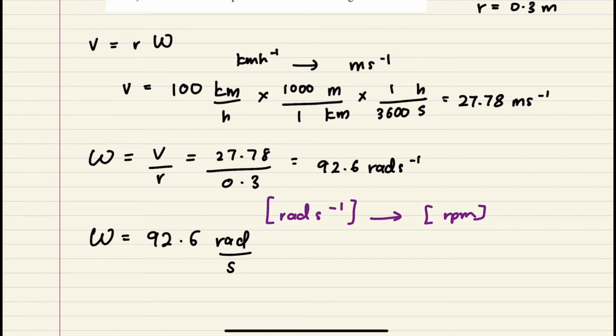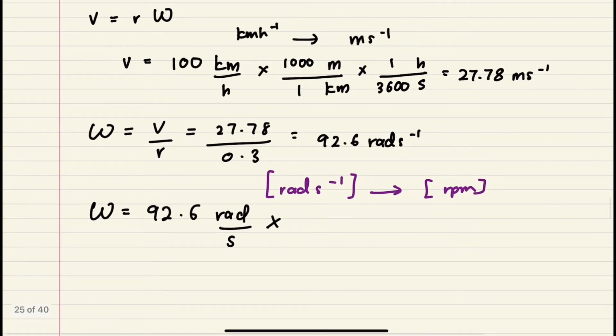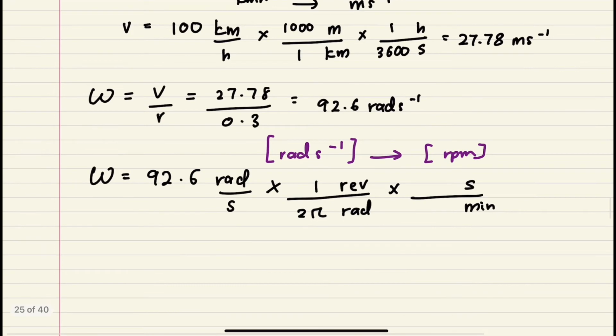RPM stands for revolution per minute. So I have to convert radian to revolution. One revolution is 2 pi radian, and then I want to convert second to minute. 1 minute is equal to 60 seconds.